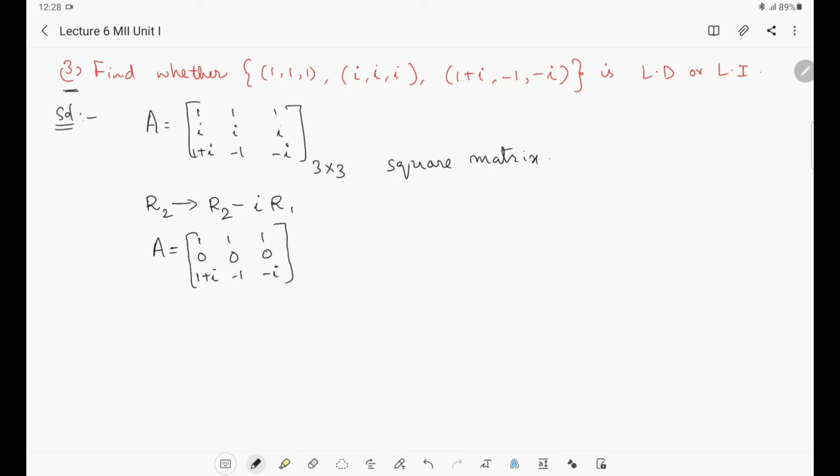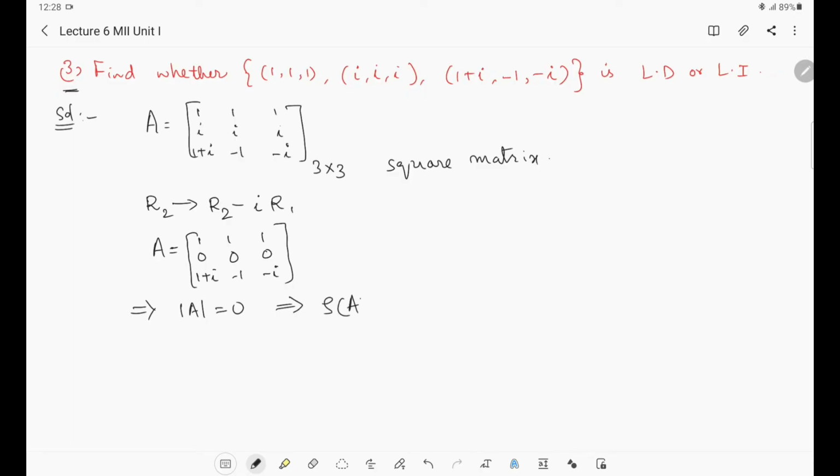Now, in determinants we have studied that if any row or column of a matrix is 0, then the determinant is 0. So this implies that because here the second row is a 0 row, the determinant will be 0. If the determinant is 0, then what will happen?